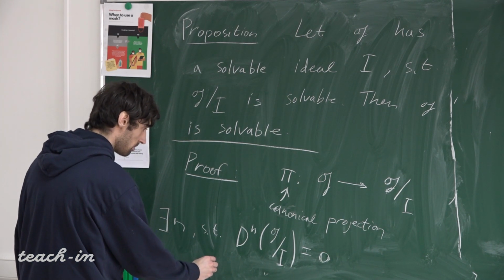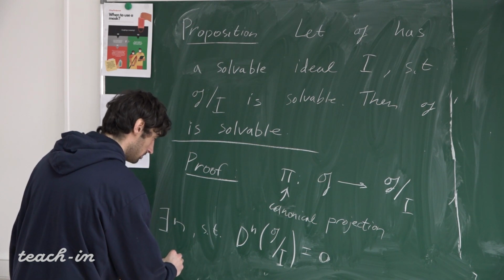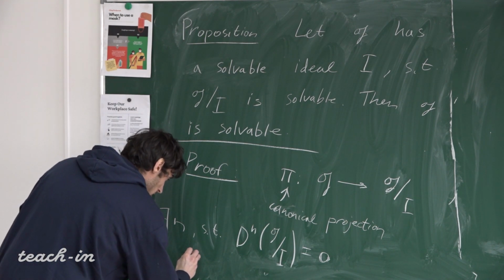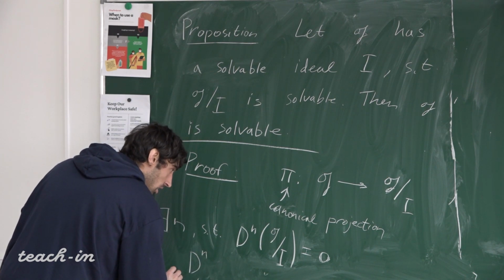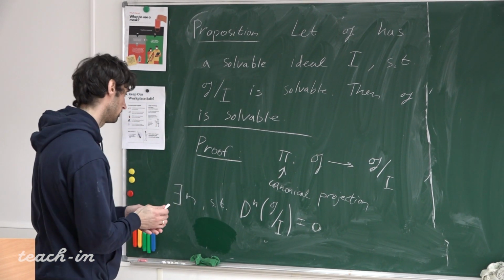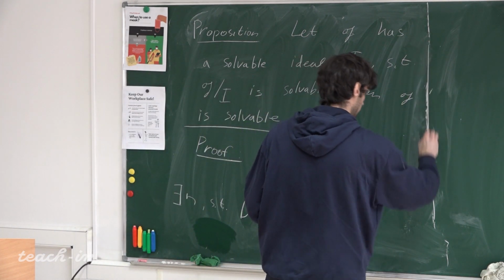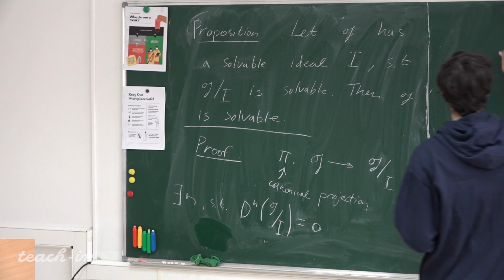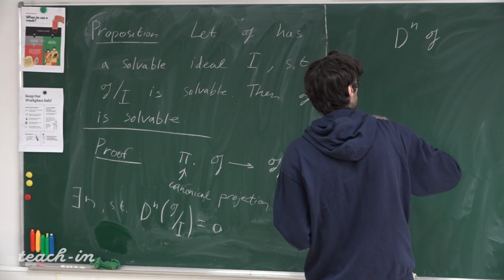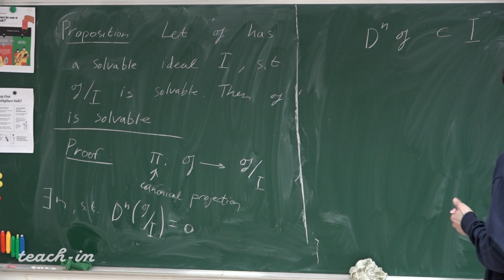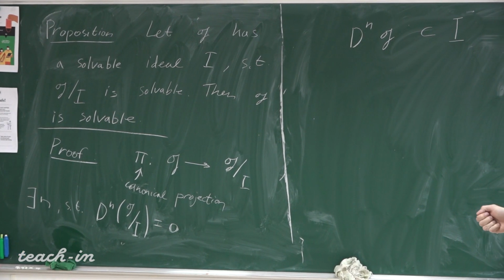Then I claim that d^n of G is inside I. Why is it like that?